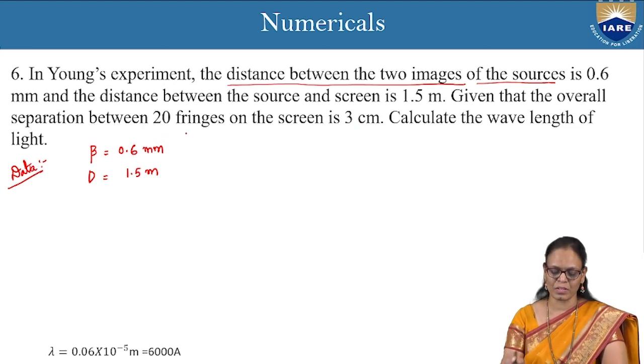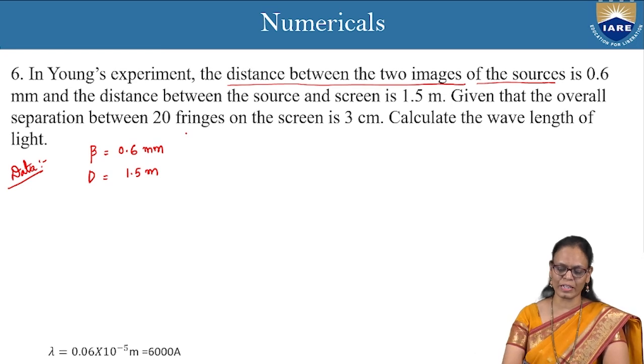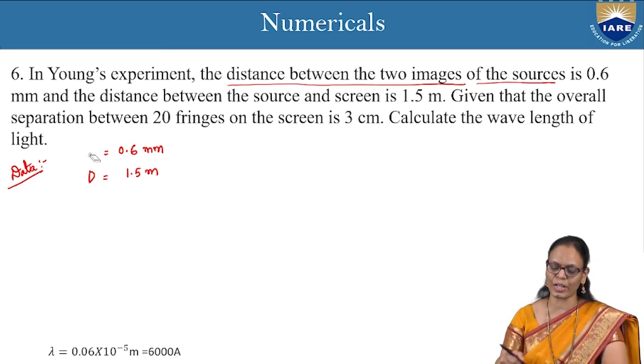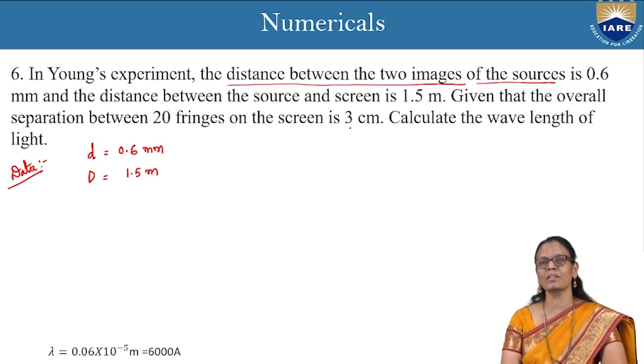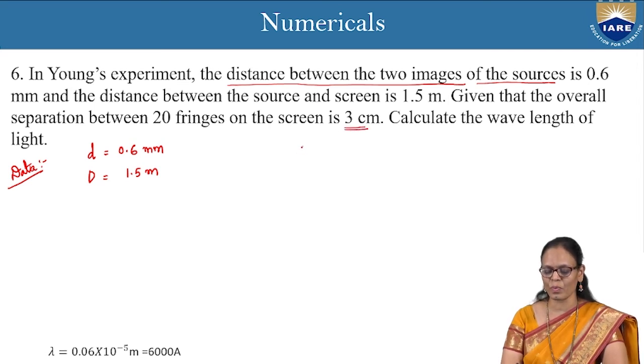So for 20, we'll consider the distance between the two images of the sources as small d. And 20 fringes on the screen are at a distance of 3 centimeter. So 20 fringes in 3 centimeter.